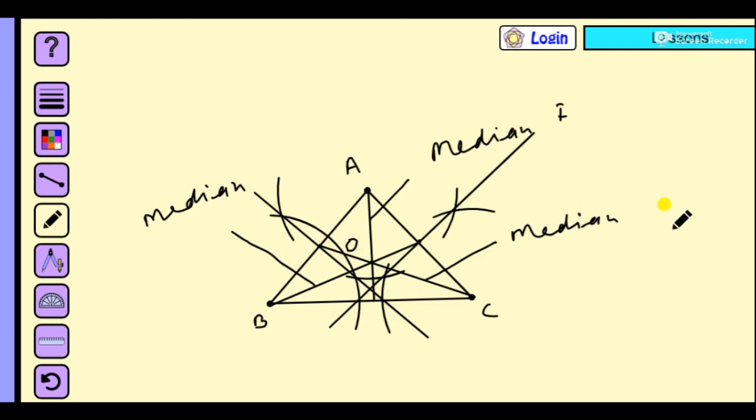So it is first, it is second, and this one is the third median. So this type you can do the construction of medians, and the medians are intersecting at the point O, and the point O is called the centroid of a triangle.